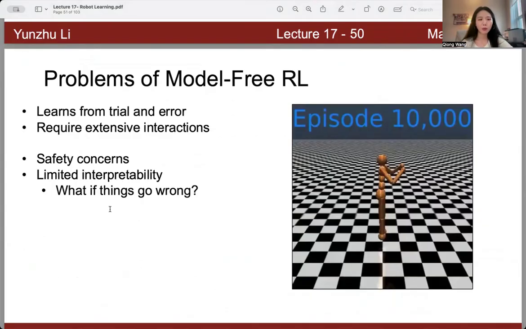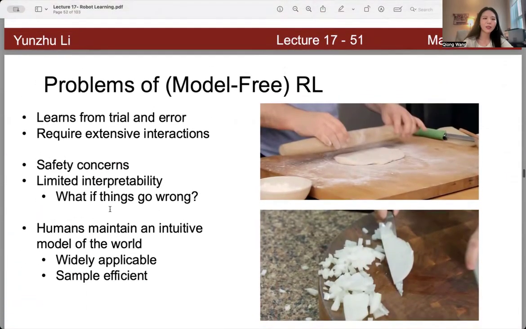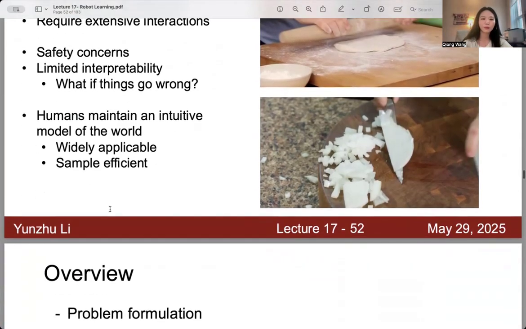There are some problems such as safety concerns and limited interpretability. For example, what if things go wrong? It's also different from humans. Humans maintain intuitive models of the world, valid, applicable, simple, and efficient.